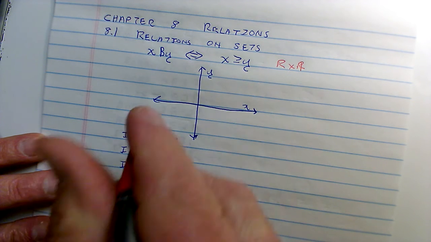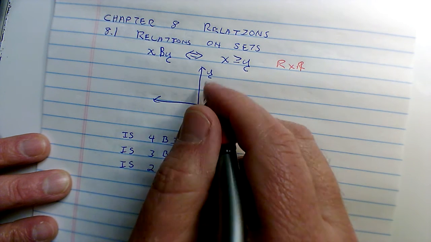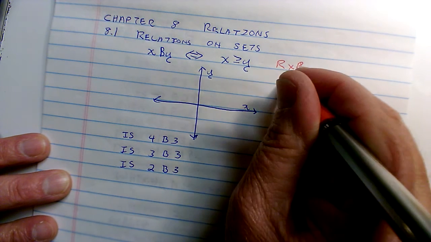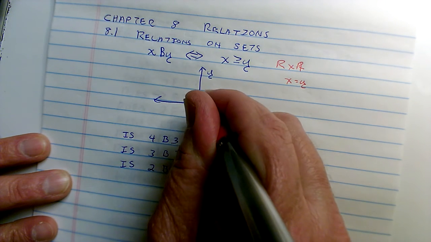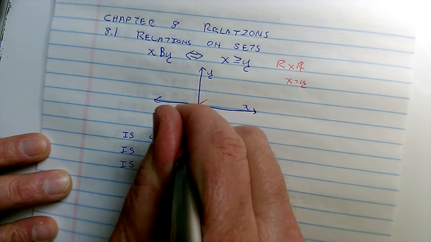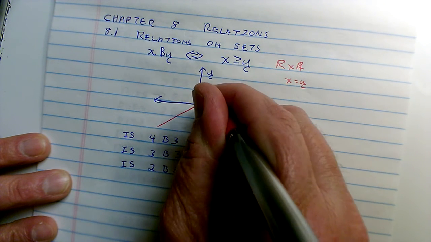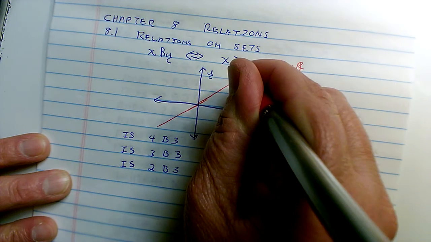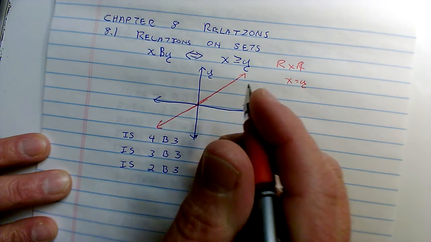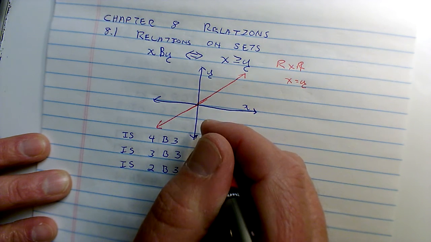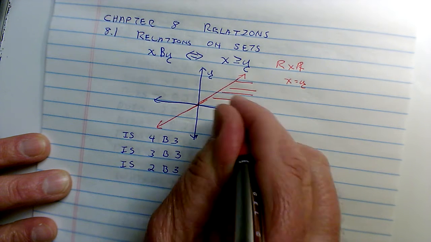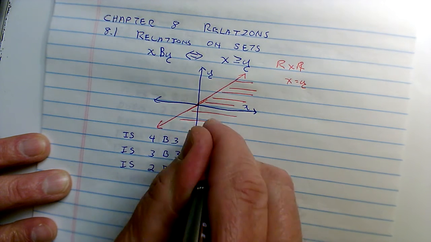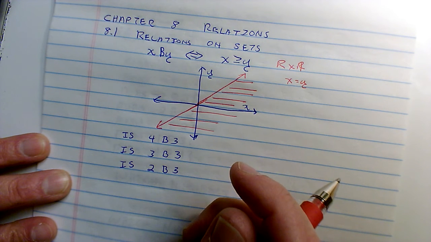So, what does this thing look like? Well, if we wanted to look at the set of all the ones where x was equal to y, it would be this diagonal line here. So all the ones where x is bigger are going to be to the right, or bottom if you rather, of that line.